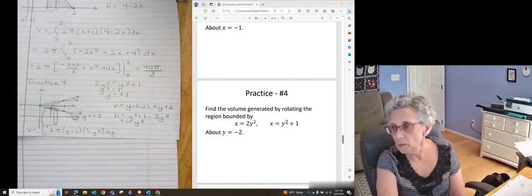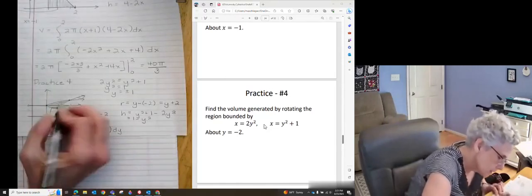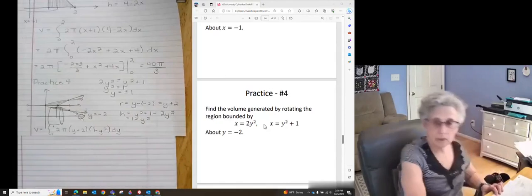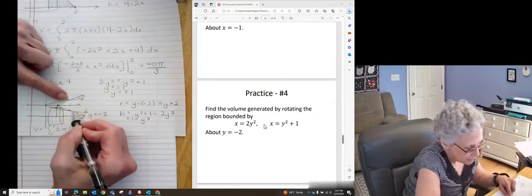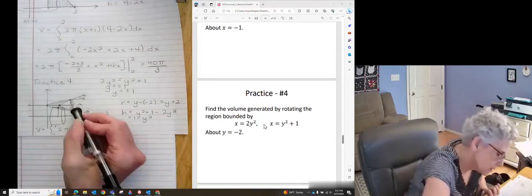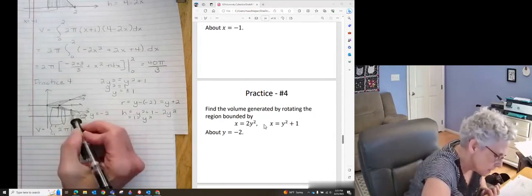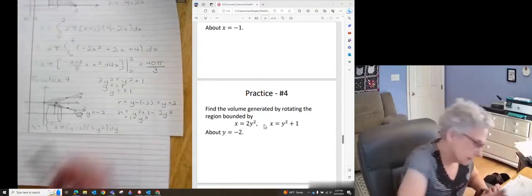And if I look at x equals y squared plus 1, when y is equal to 0, x is equal to 1, so its vertex is right here. So I knew that this one had to open up faster because it's not getting wide as fast, it's not growing as fast.